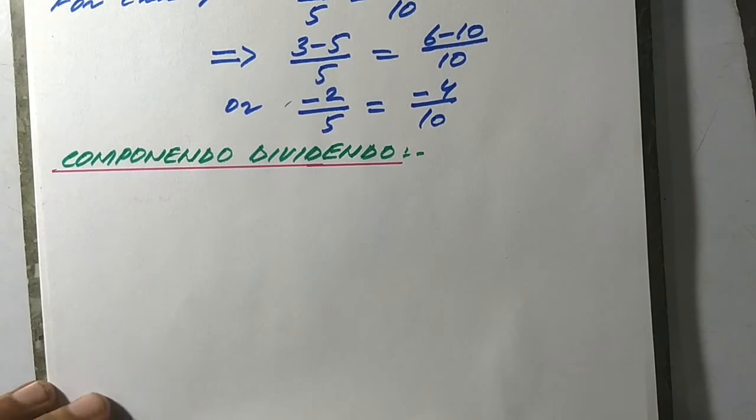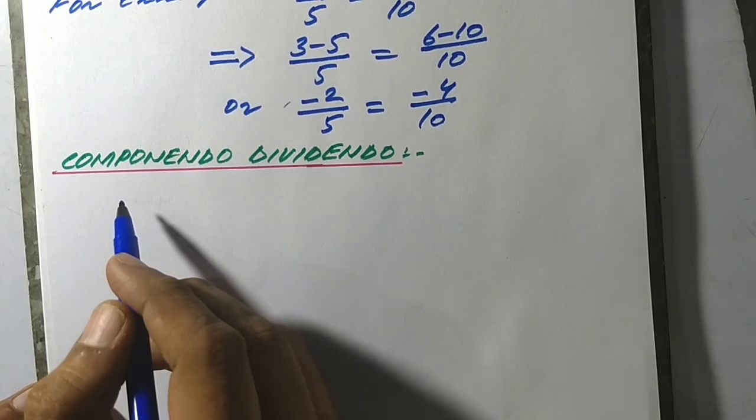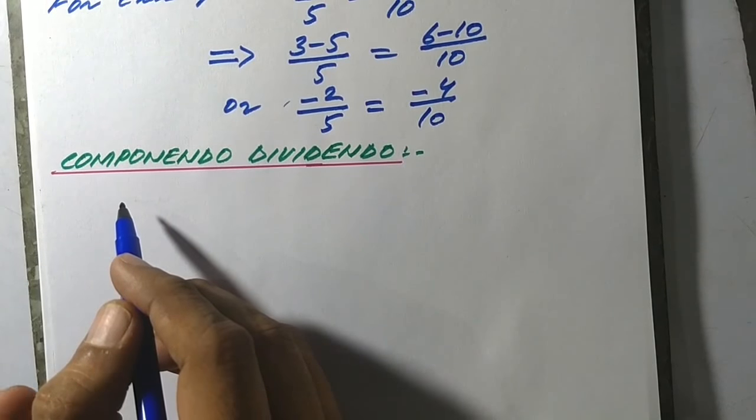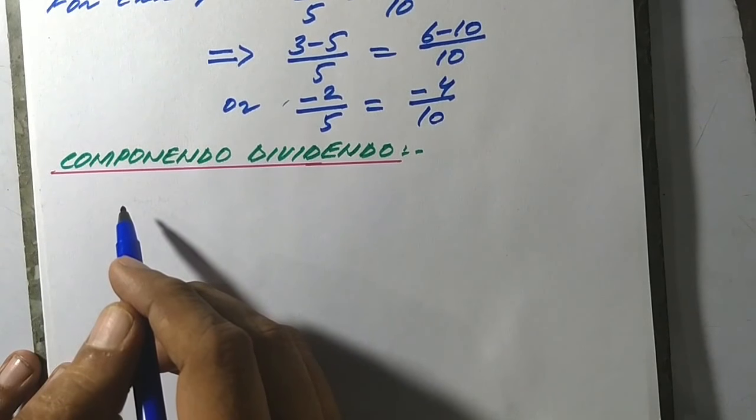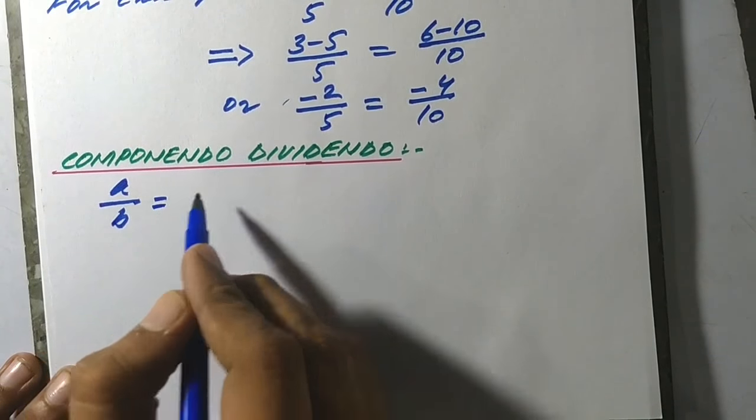Now we come to the last law, which is called componendo dividendo. And componendo dividendo is nothing but the combination of componendo and dividendo. This is most important law. So what is that?